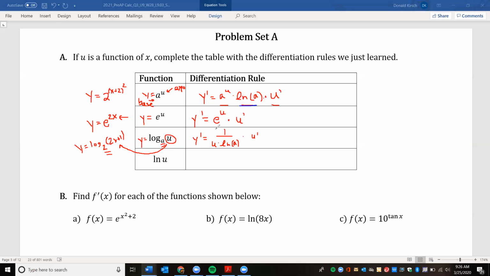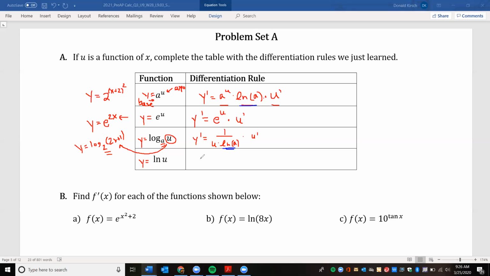All right, and our u would be the entire argument, and our a would be whatever that base is, that regular number. All right, and then finally, for a natural logarithm, this is actually going to be much better because remember that this has a base of e. You don't need to write that in there, it's assumed. So when I come up here and I use my base on the inside, ln of e, that again, those are going to cancel each other out, so we don't need that.